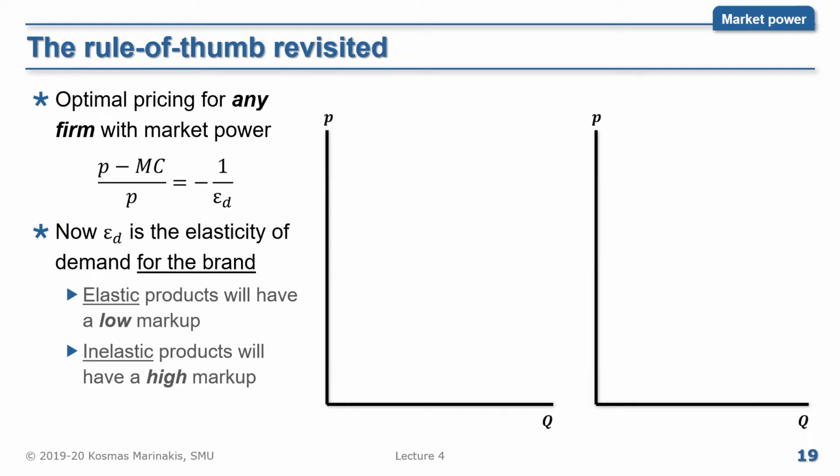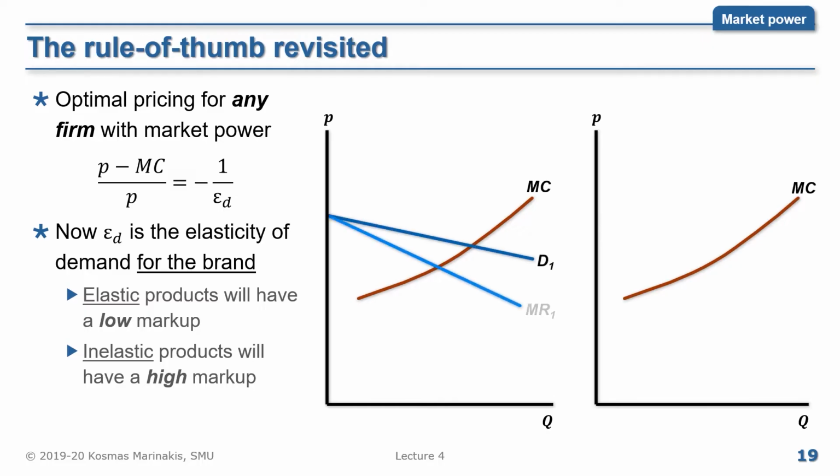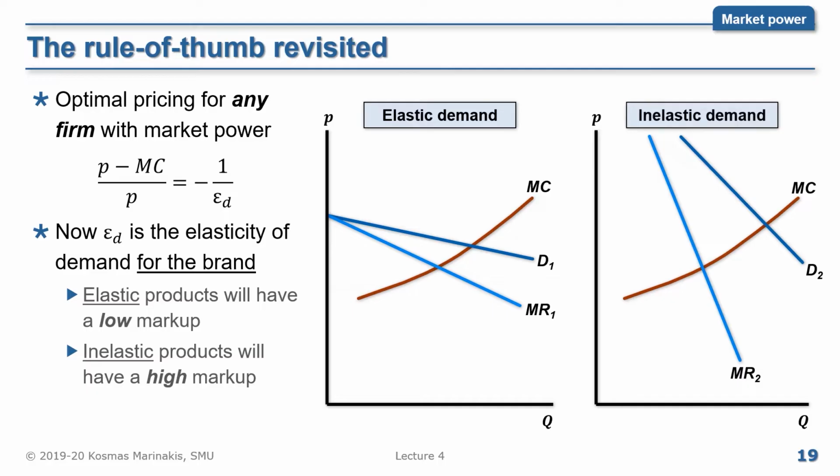And then we can see in two graphs how the two products will actually behave in terms of profit margin. Let's assume that the marginal cost is the same in both, and the elastic demand is D1, which yields a marginal revenue 1 in this particular case. And then the inelastic product has a much more vertical demand curve, D2, which has again an even more vertical marginal revenue.